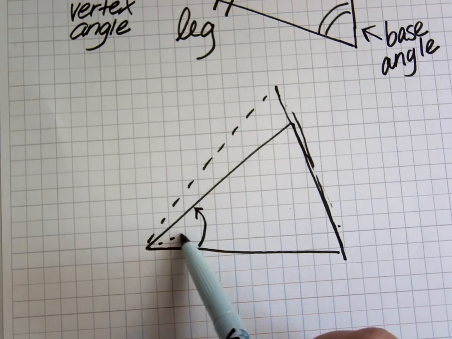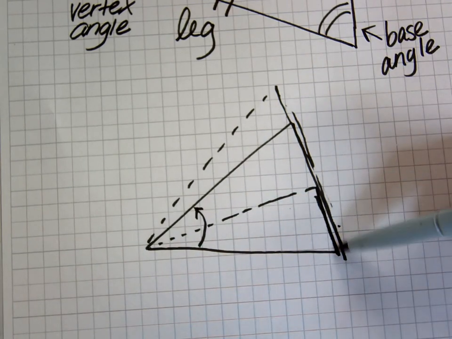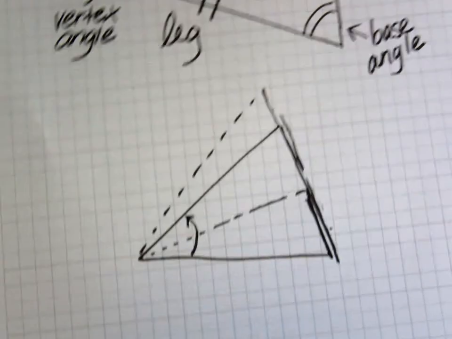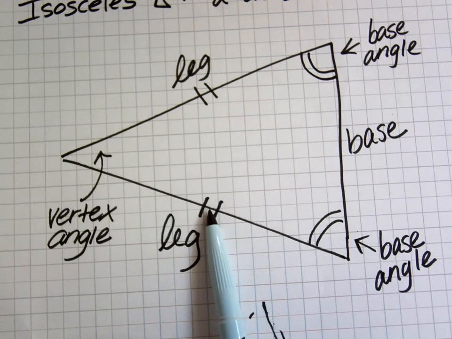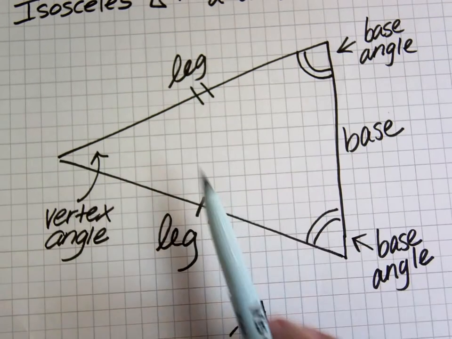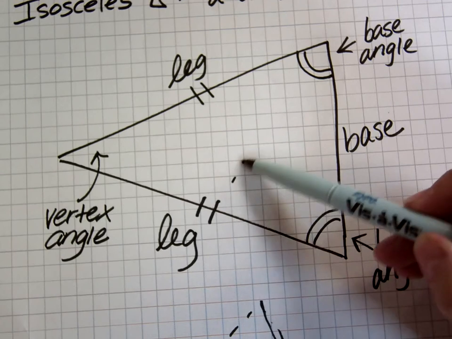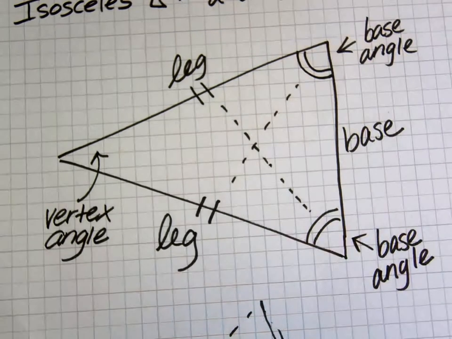If I close it, now this side is going to be shorter so that it doesn't overlap. So the size of a side in a triangle is always associated with the size of the angle across from it. So if I have two sides that are the same, then it makes sense that the angles across from them would also be the same.